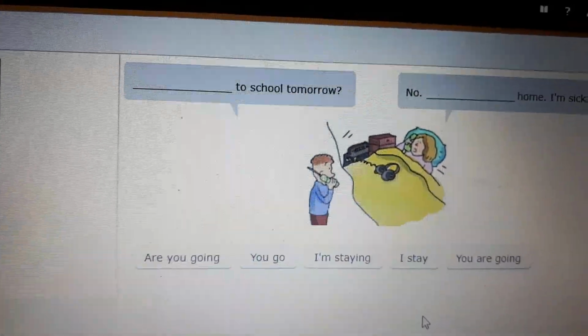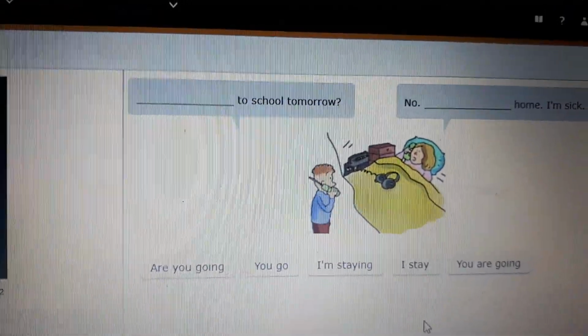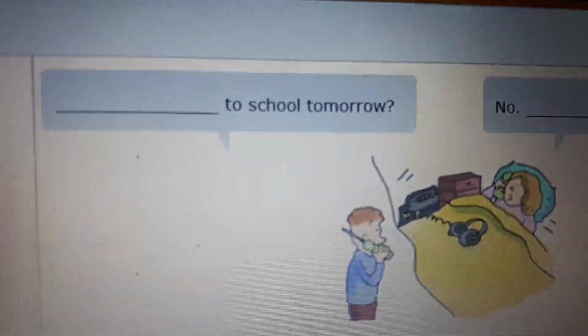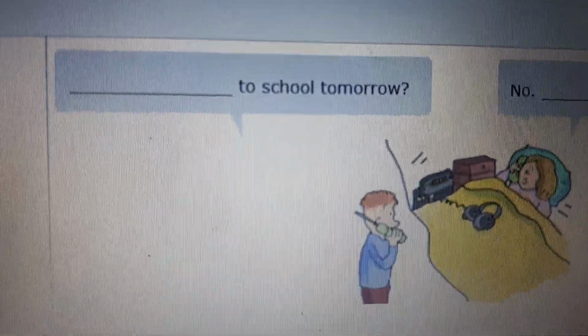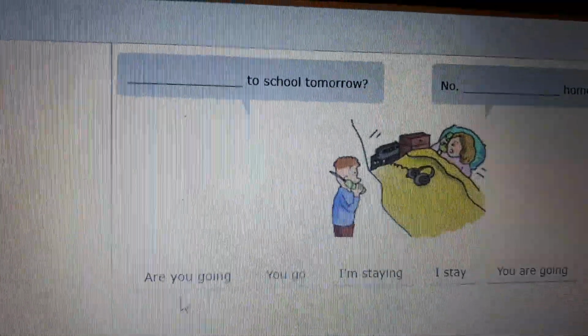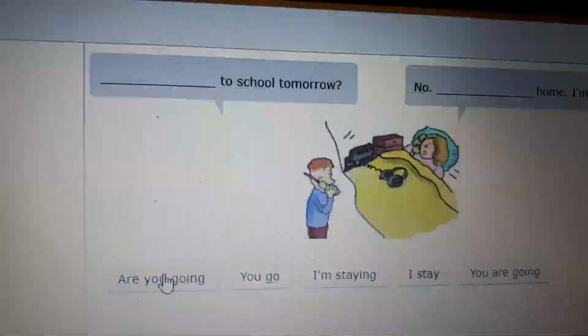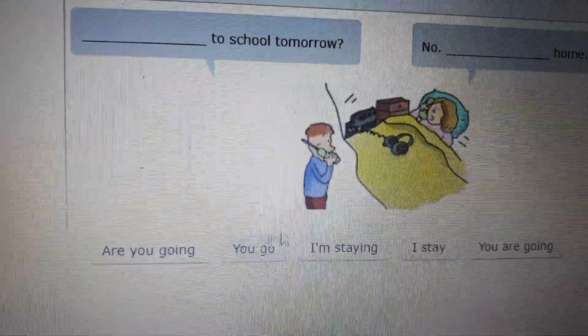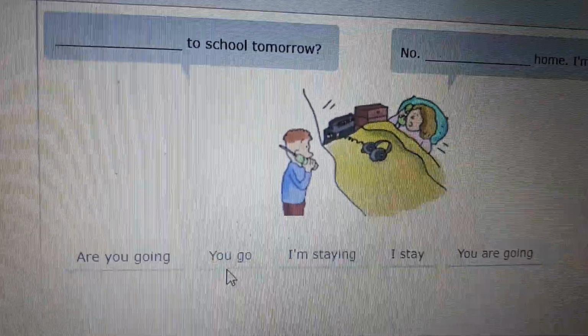For example, in this exercise, it says to school tomorrow, okay? And we have a question mark. So if we have a question mark, it means that it's a question, okay? So for that, we need to begin with an auxiliary, okay? Because here we have an auxiliary, are. Are you going? You, it's not an auxiliary, it's a pronoun.